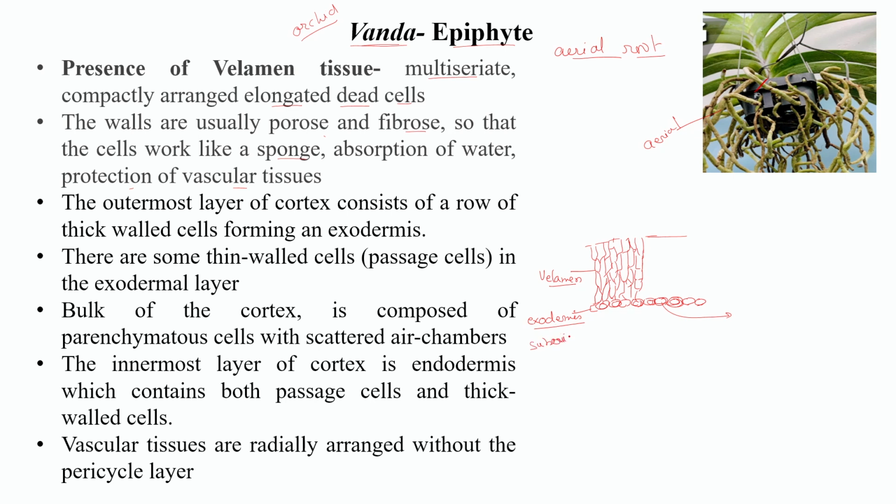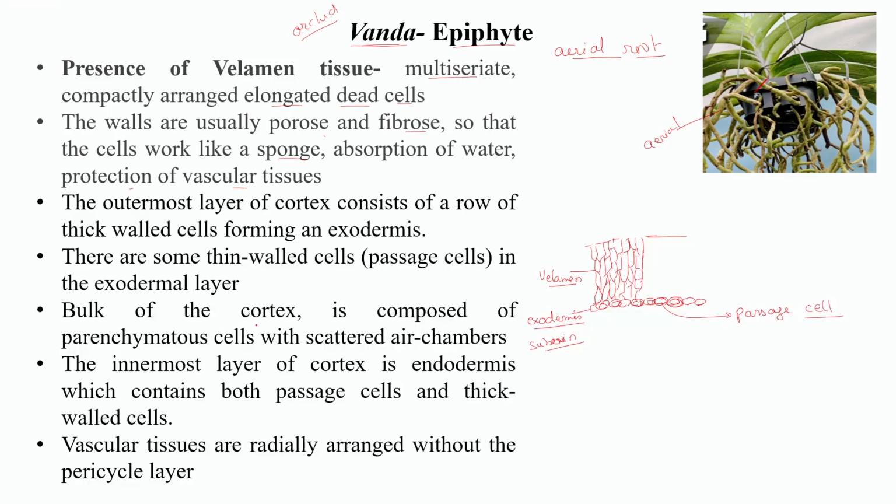Some cells will be thin walled, they are known as passage cells. Like in the endodermis also we had discussed that it is suberized, but some cells are thin walled, and they help in the flow of water, because everything cannot be blocked. And now the bulk of the cortex will be parenchymatous. A lot of parenchyma cells will be there in the cortical region.